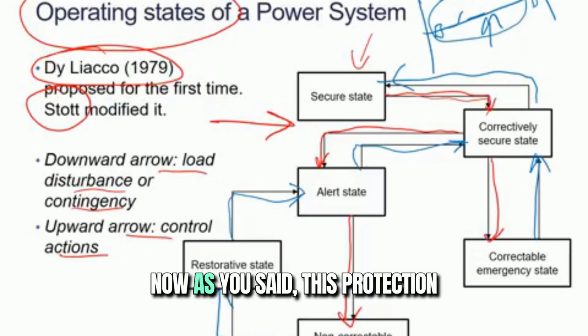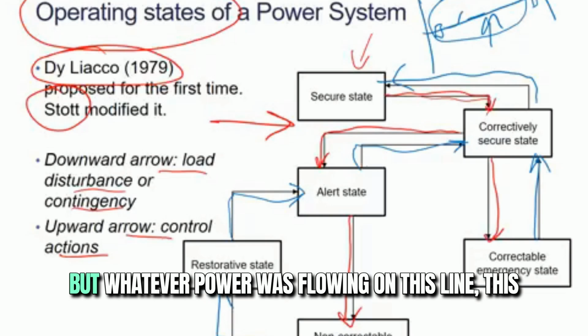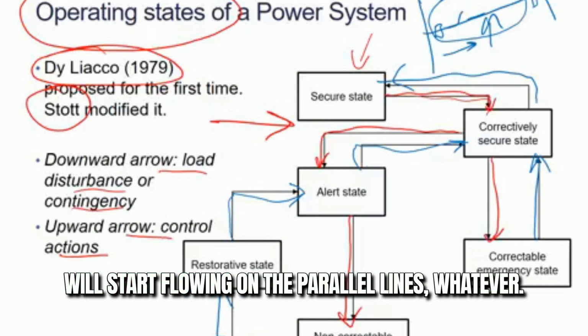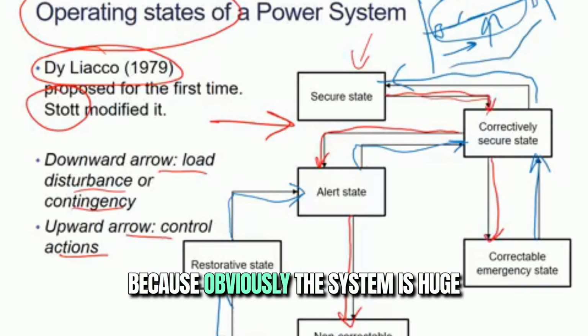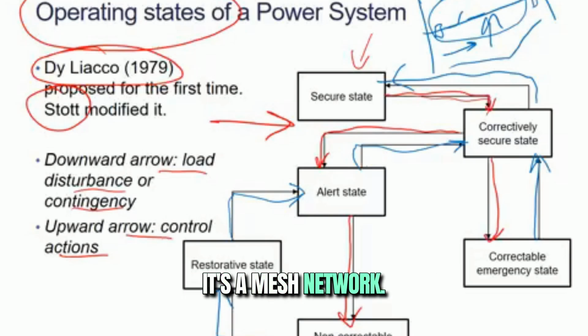Now, this protection is actually protecting this line, but whatever power was flowing on this line will start flowing on the parallel lines, because the system is huge and all connected. It's a meshed network, so all the buses are connected in some way.